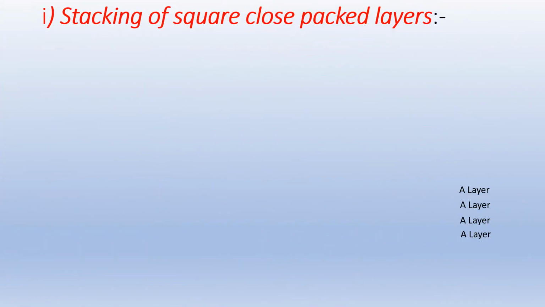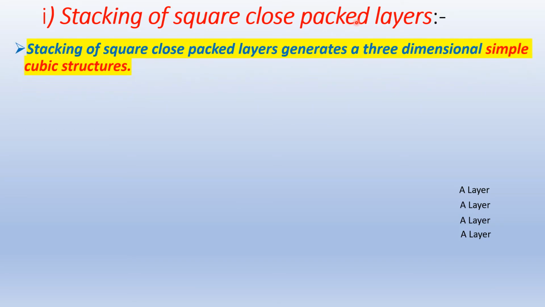Here we continue to discuss the first one, stacking of square close packed layers. At this point, you have to understand that stacking of square close packed layers generates a three-dimensional simple cubic structure.